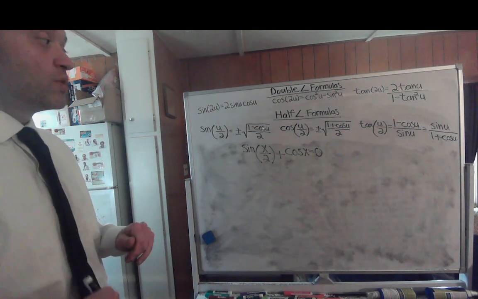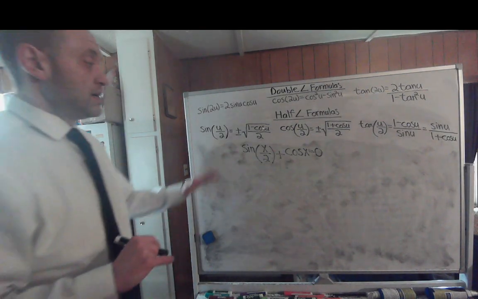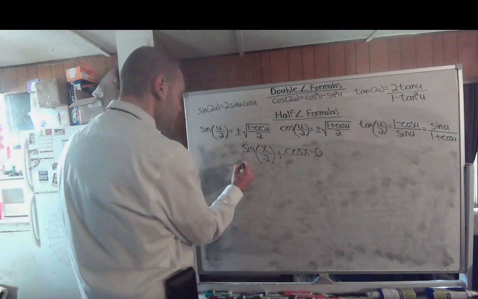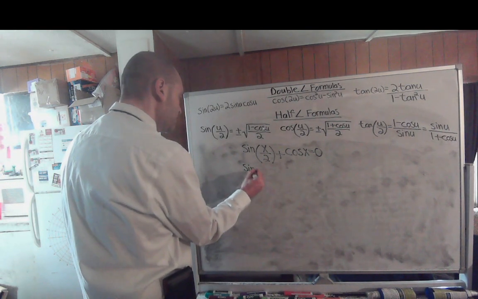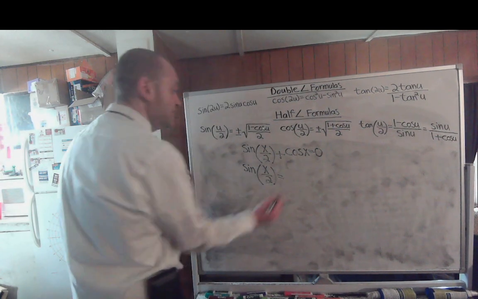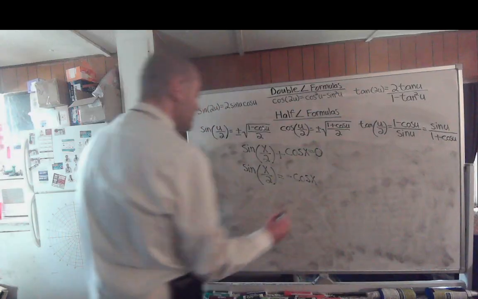Once again, I'm going to highly suggest that we get each of these terms by themselves on different sides. So this would end up turning into the sine of x all over 2 equals the negative cosine of x.